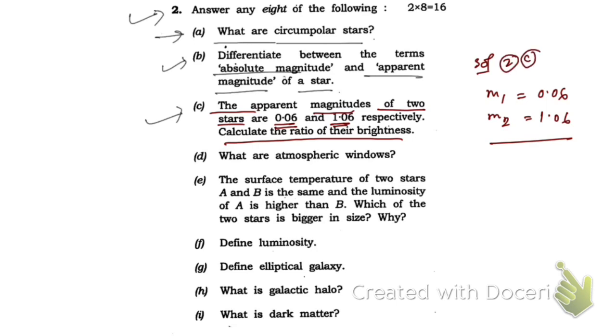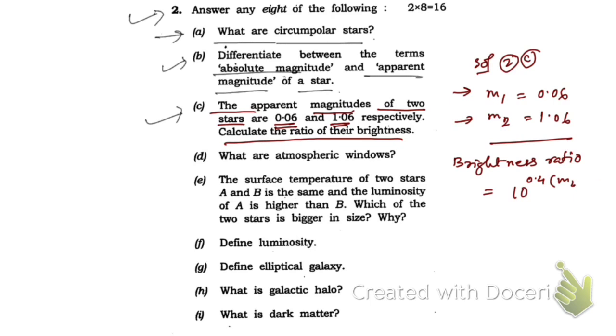So the apparent magnitudes of the two stars are given as M1 and M2. These are the apparent magnitudes, and the brightness ratio is given by 10 to the power 0.4 into (M2 minus M1).